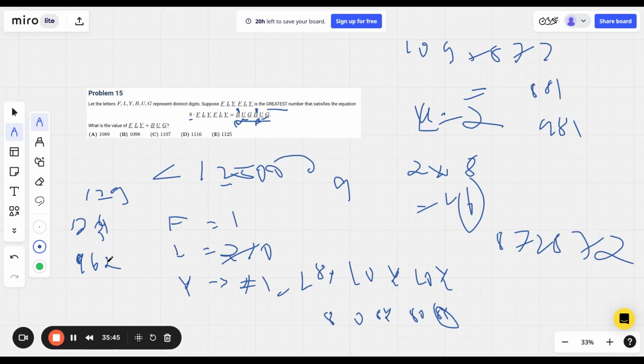So we try 123. 123 will give us 3 times 8 equals 24. So 8, and then 984, and those are all you need. So 984 plus 123 actually gives us 701.